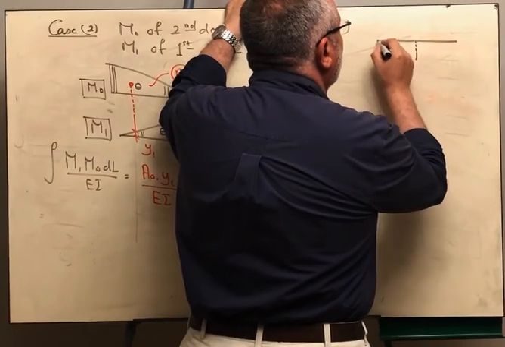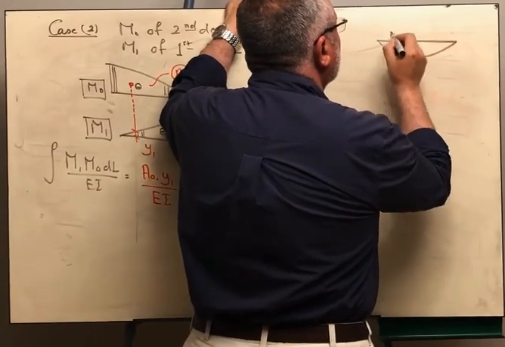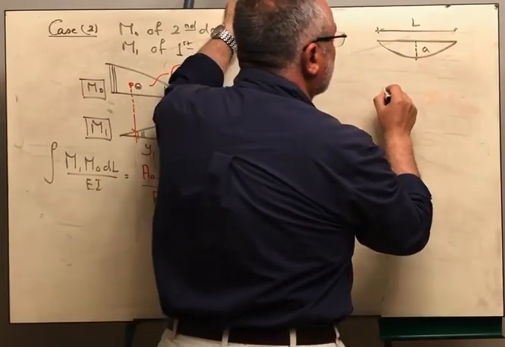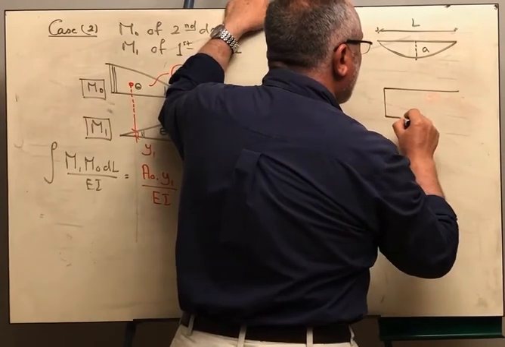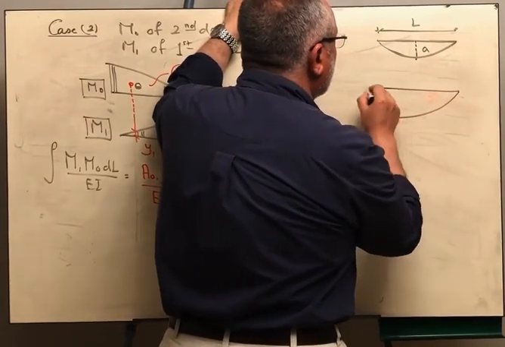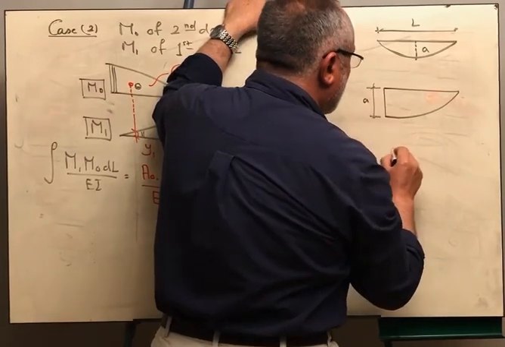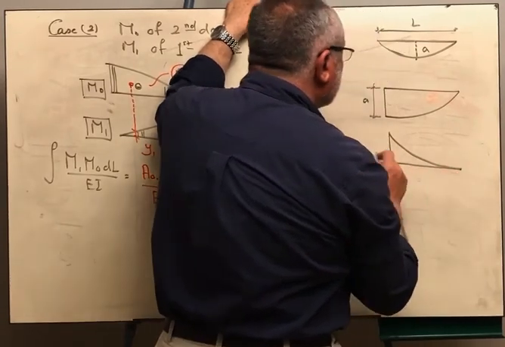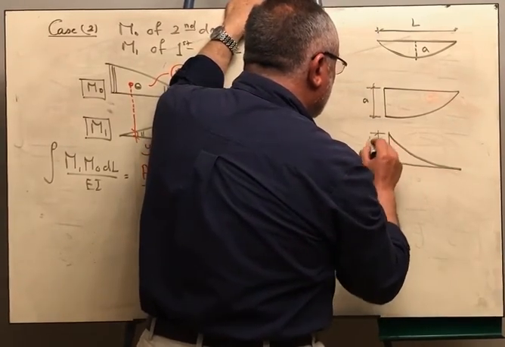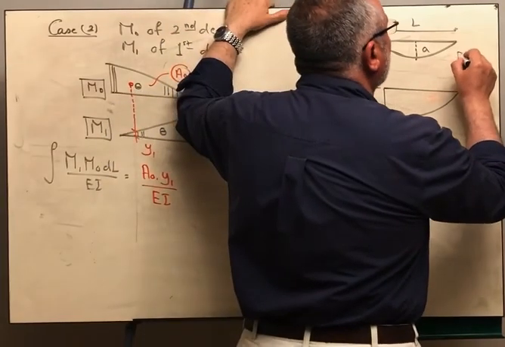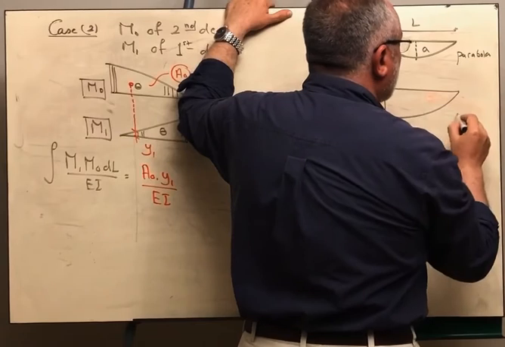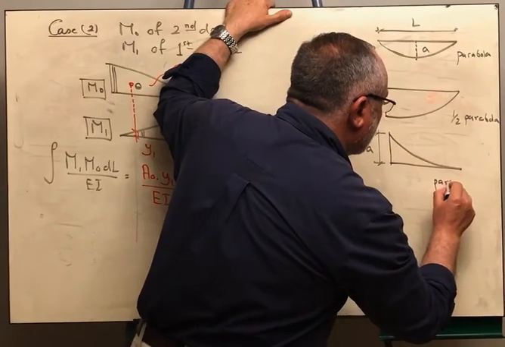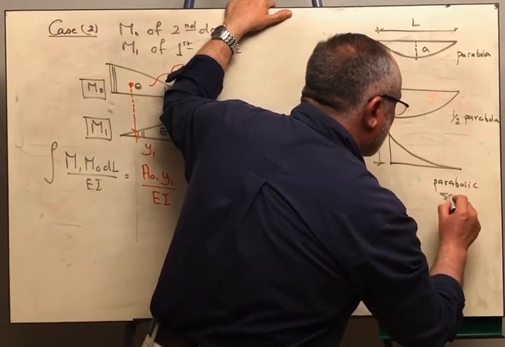We studied before if we are having a parabola, the length of which is L and the magnitude is A. And also if we are having half of a parabola, the value is A. And if we are having a parabolic spandrel, and this value is A. So this is parabola, this is half parabola, and this is parabolic spandrel.